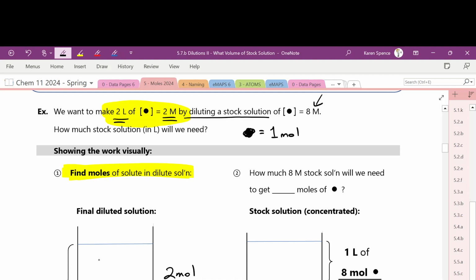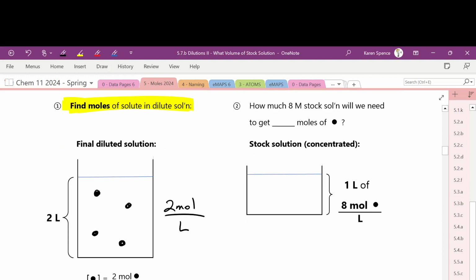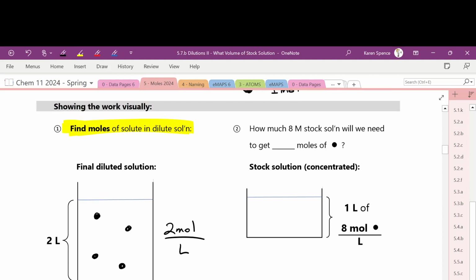I need 4, right? I need 1, 2, 3, 4. Okay, that is 4 moles over 2 liters, which is 2 moles per liter.